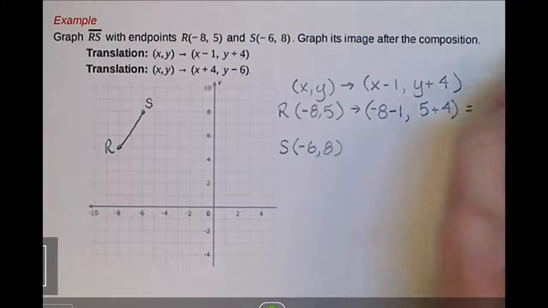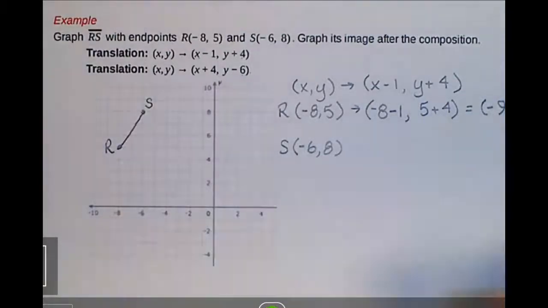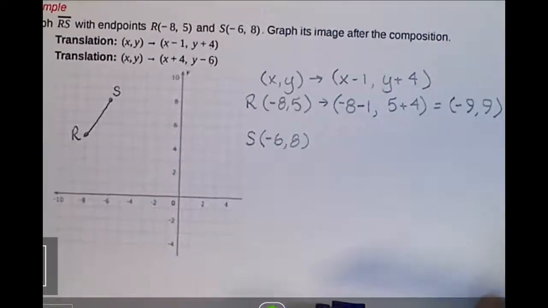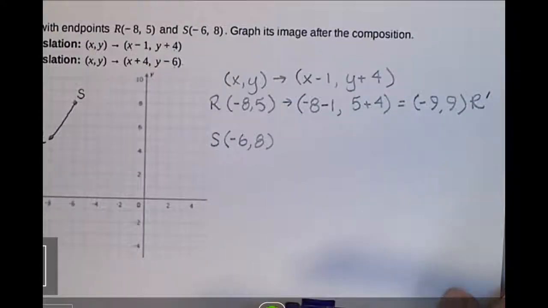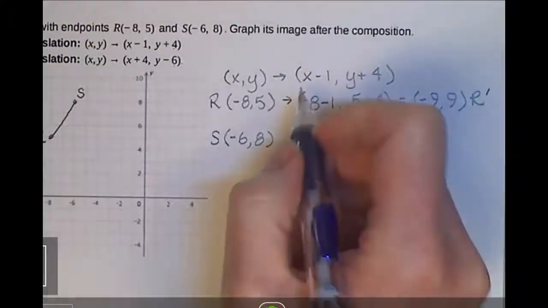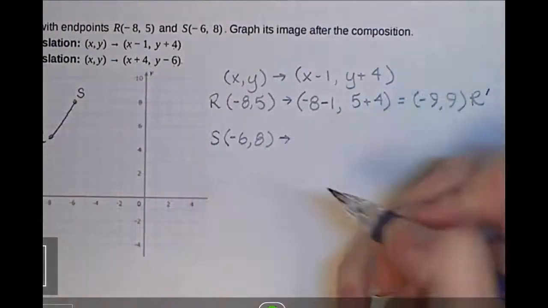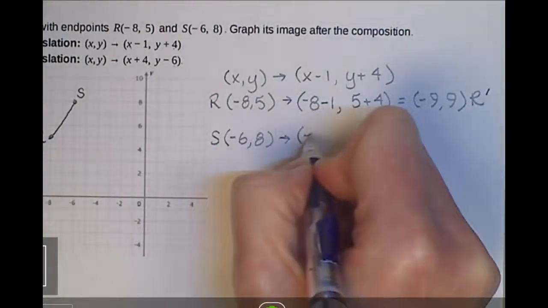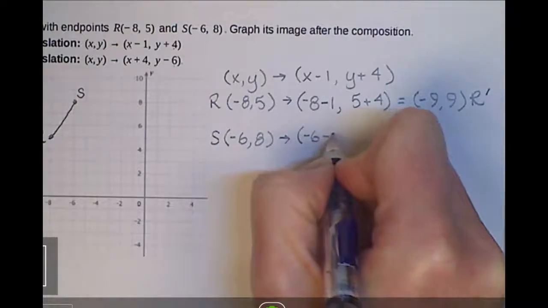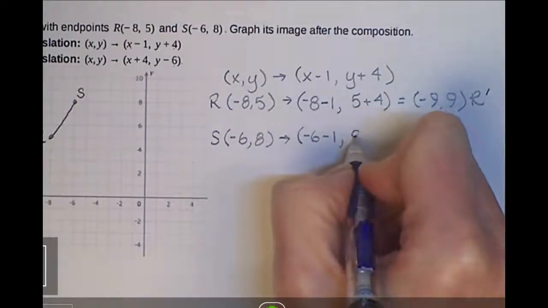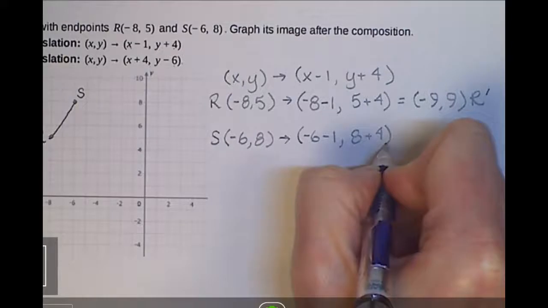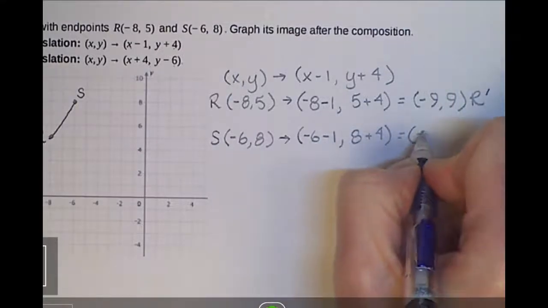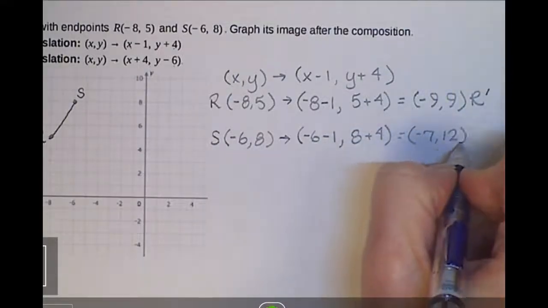That gives us -9, 9 for R prime. We follow that same process for S prime: original X, -6, subtract 1, original Y, 8, add 4. We get -7, 12 as our S prime.